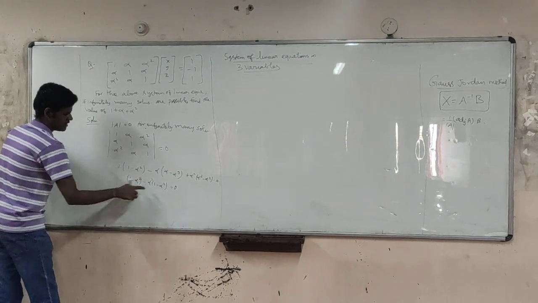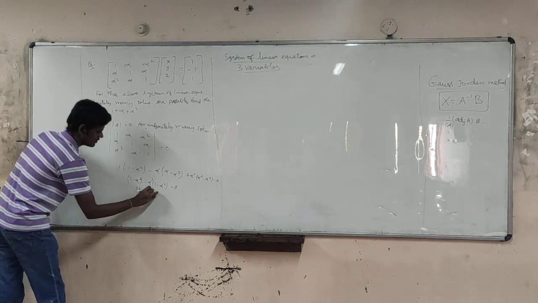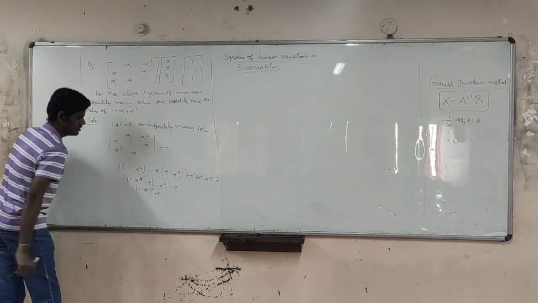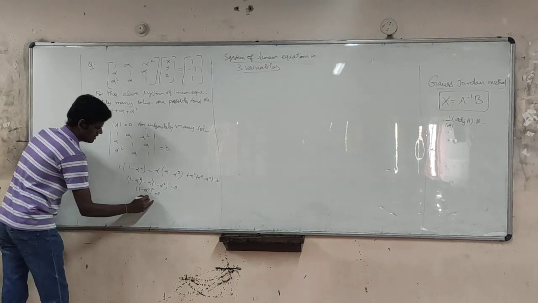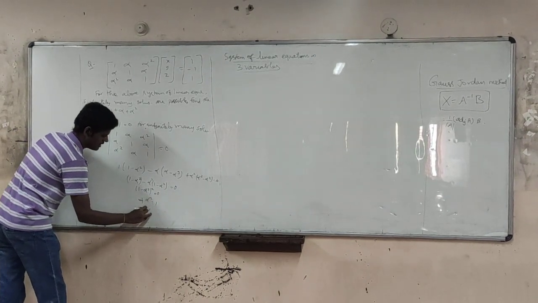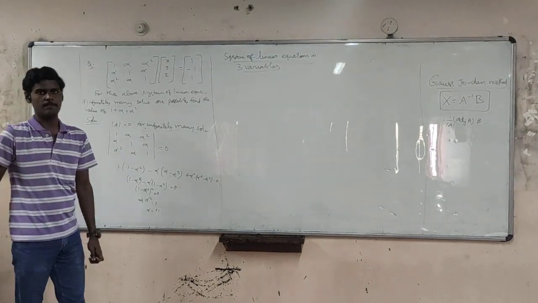So this is 1 minus alpha square into 1 minus alpha square, that is 1 minus alpha square whole square equal to 0, which means 1 minus alpha square is 0. That means alpha square equal to 1, alpha equal to plus or minus 1.